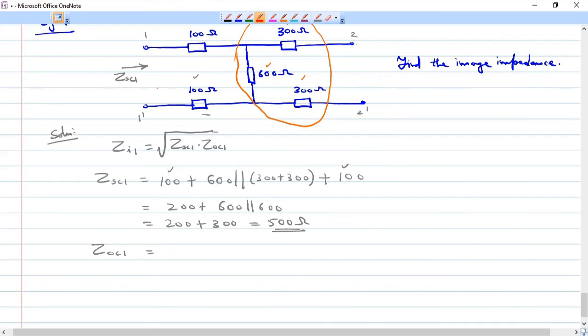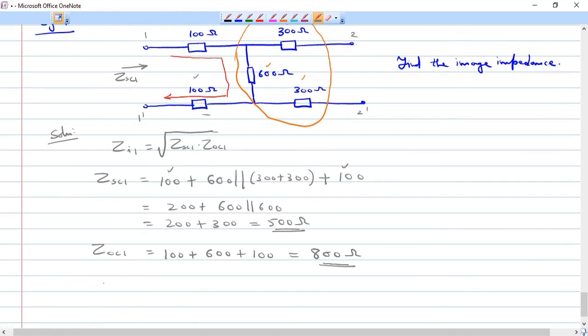What we see is the net impedance as a series combination of these impedances. So ZOC1 will be equal to 100 plus 600 plus 100, which is equal to 800 ohm.